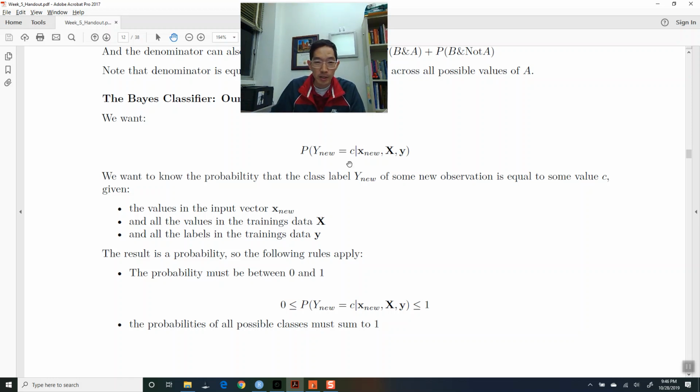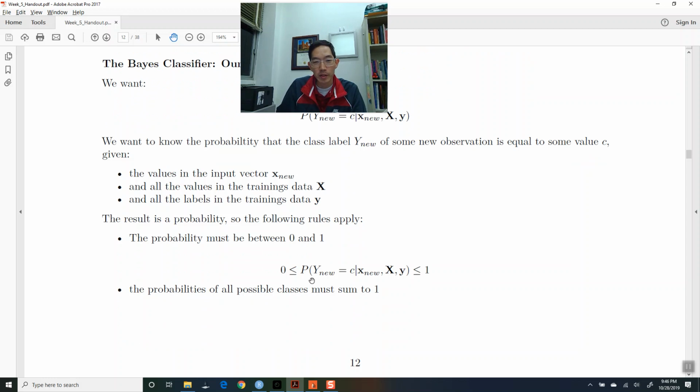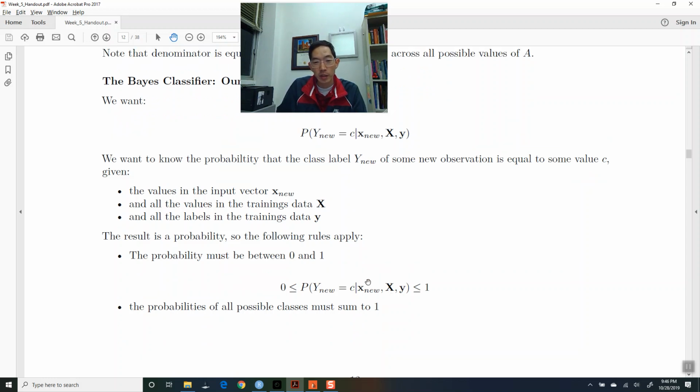All right. Because the Bayes classifier is predicting a probability, the result is always going to be a value between 0 and 1. The other thing is that if you look at all the classes that are possible in the model, say 3 different classes, when you add up the probabilities for all 3 classes, they have to add up to 1, okay? That's an important part.